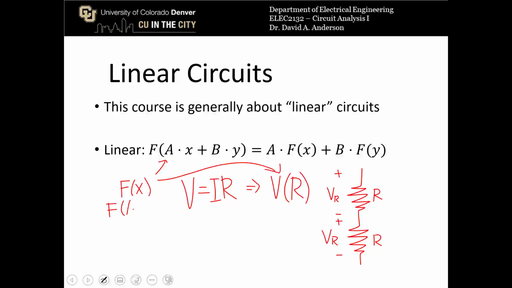Function of a times x means that I'm multiplying the resistance by a constant, possibly adding two of the resistors in series. That means that I'm going to get in total double the voltage, 2V sub R, which means that I can either calculate the voltage for one resistance and multiply that by 2, or combine the resistors in series and then ultimately get the same result, which would be A times f of x.